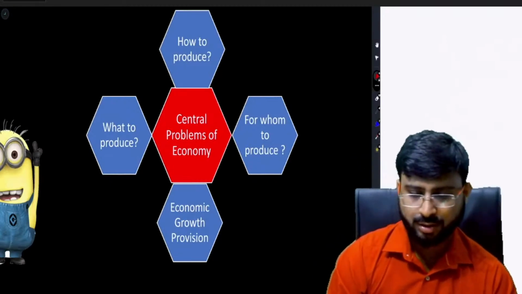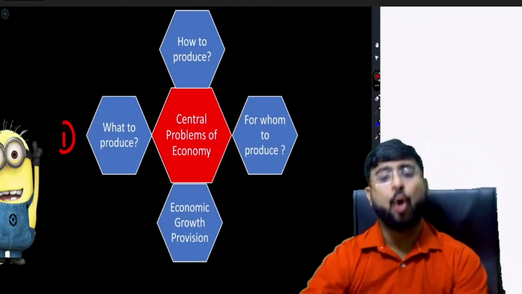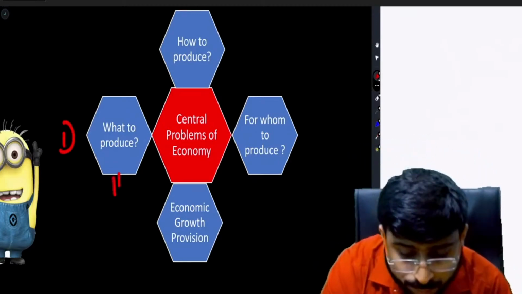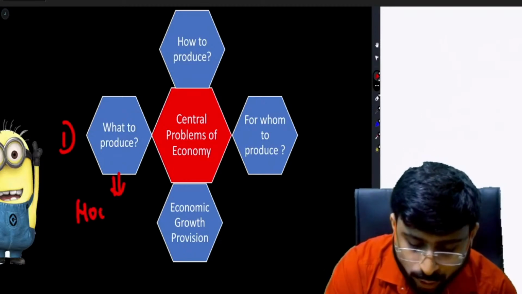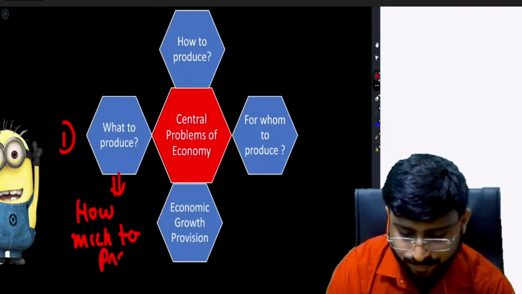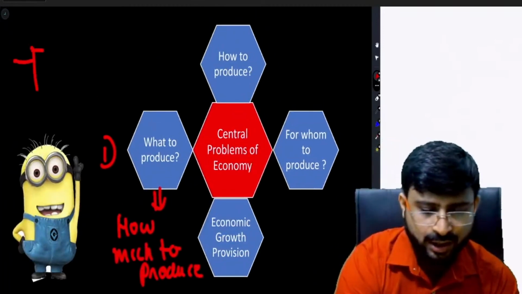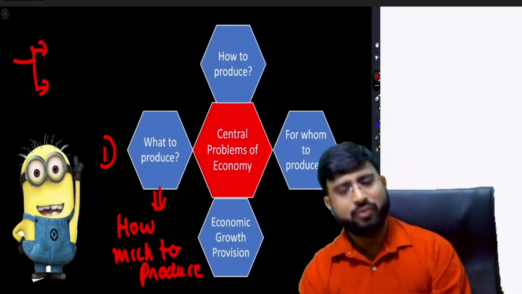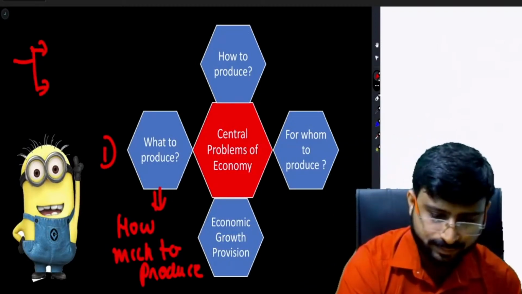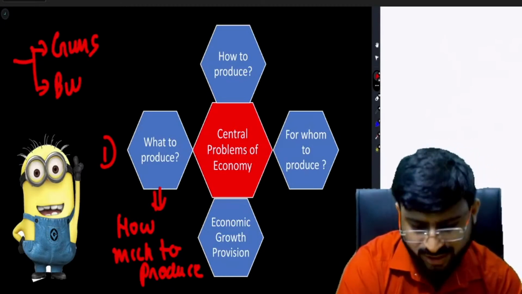So, problem number one in an economy is what to produce and how much to produce. Suppose for example, in an economy, we can produce both guns and butter.